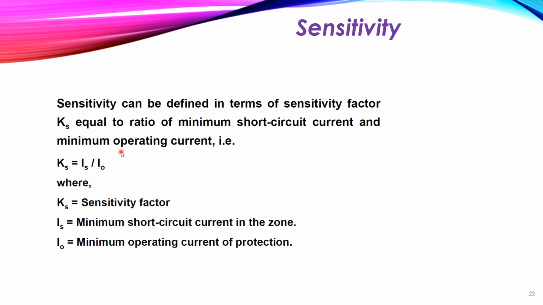So Ks, the sensitivity factor of the relay, is Is over I naught, where Is is the minimum short circuit current in the protection zone and I naught is the minimum operating current of the protection device or the relay. This ratio represents the sensitivity of the relay or the protection device.